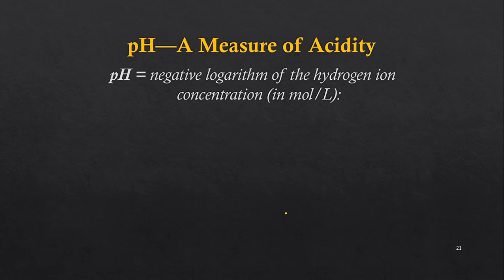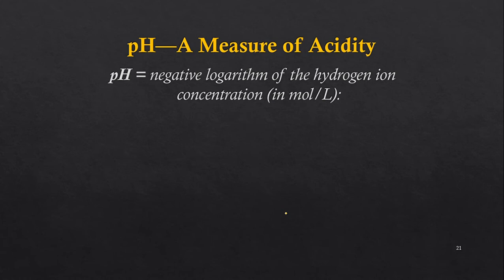Sa iba't ibang bansa daw kasi iba-iba yung definition, kumbaga, may mga terms sila na ginamit na nagkataon na pare-pareho nag-start sa letter P. Halimbawa, since ang pH is actually nagre-refer sa concentration ng hydrogen ion sa liquid. Sa Amerika daw, they use power of hydrogen ion. So, tama. pH, power of hydrogen ion.